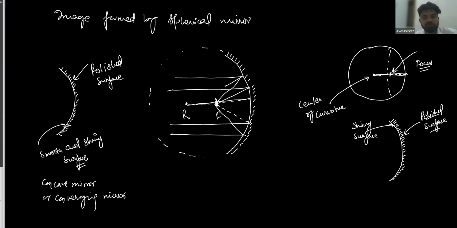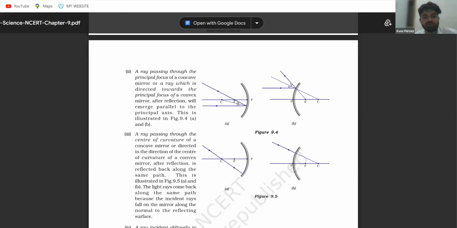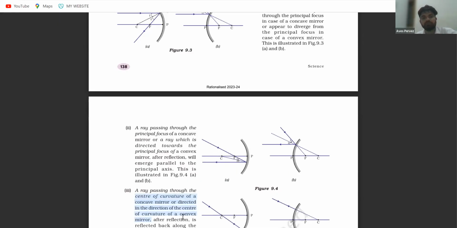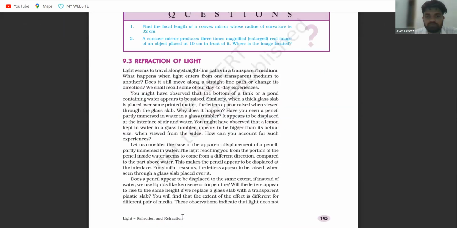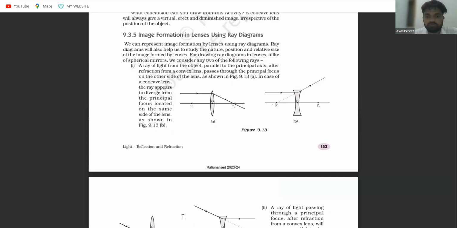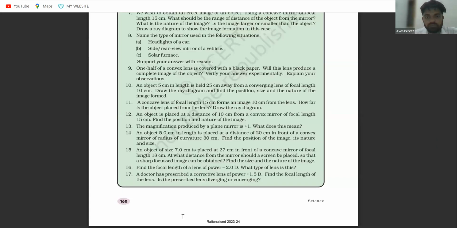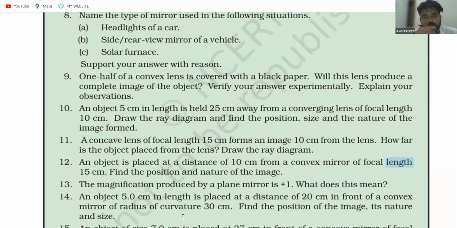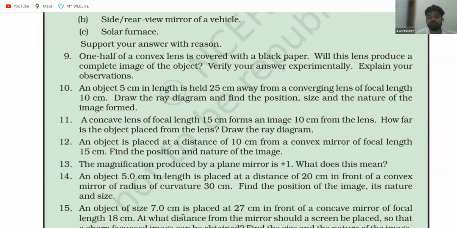Let's have some questions regarding this topic. Do question number 12.